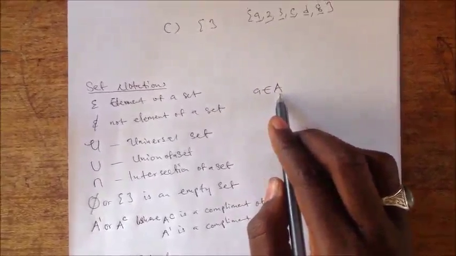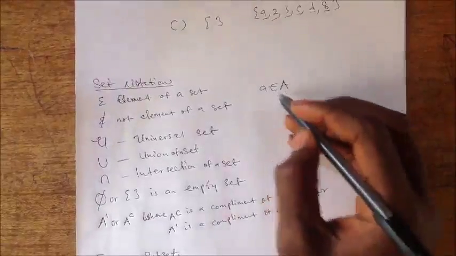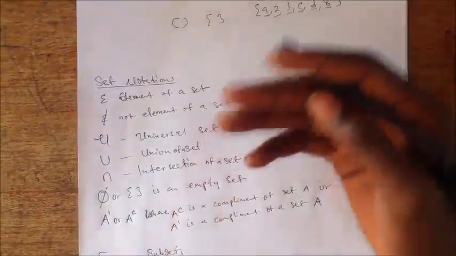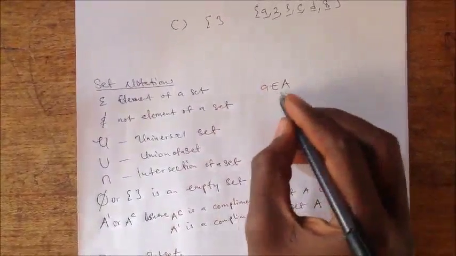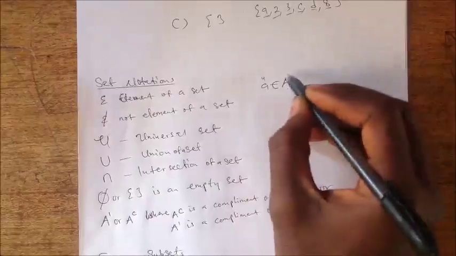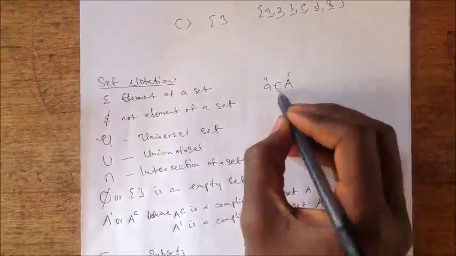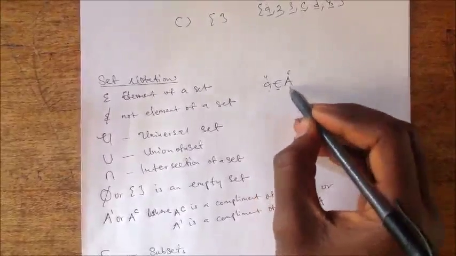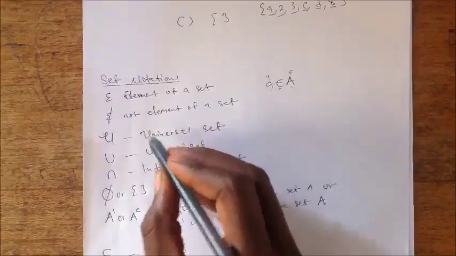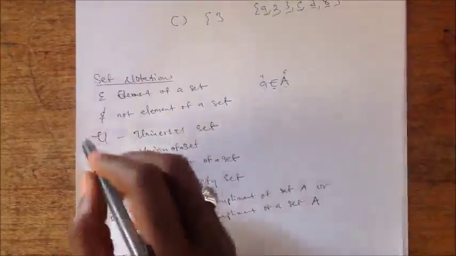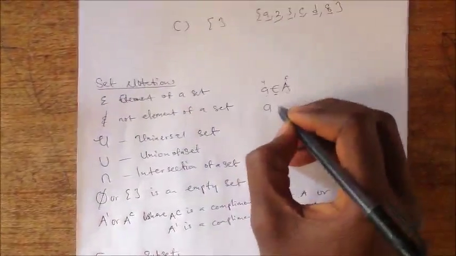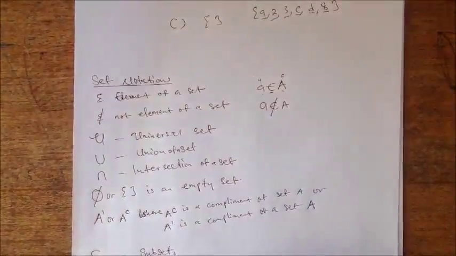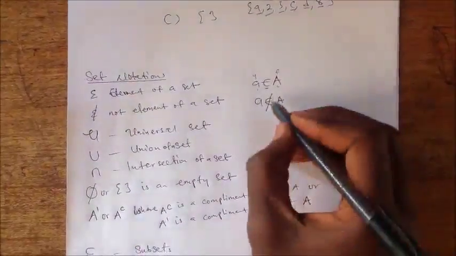set A. If I want to show the world that I, Omar, belong to my father's house, this is how I will arrange it. Maybe here will be Omar, then here will be my father. Then this relation shows that this belongs to this, meaning this element is an element of A. Then when we talk about not an element of the set, I can say small a is not an element of capital A. This is the symbol.